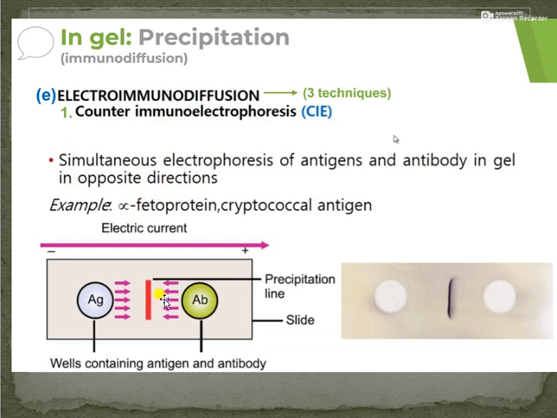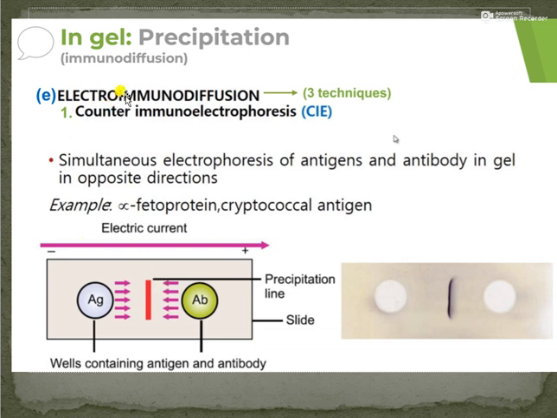Now if they just diffuse, it's just called immunodiffusion. Now, if you put an electric current between these two points of the gel, that is, if you connect the slide with the electric current, the diffusion of the antigen and the antibody would also be under the influence of an electric current. So then you call it electroimmunodiffusion.